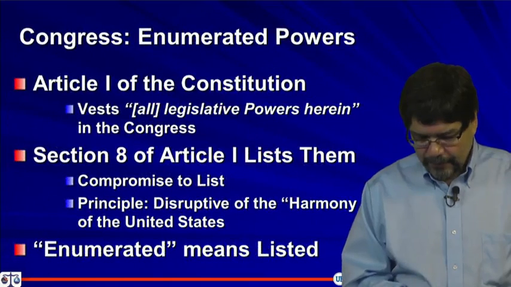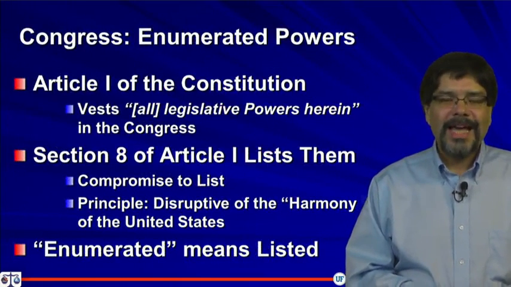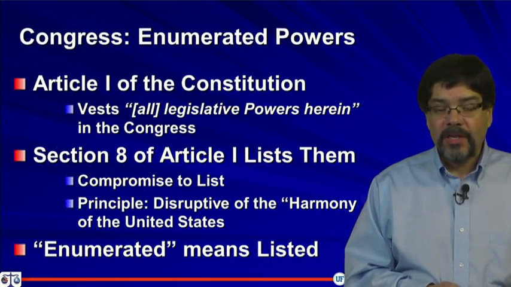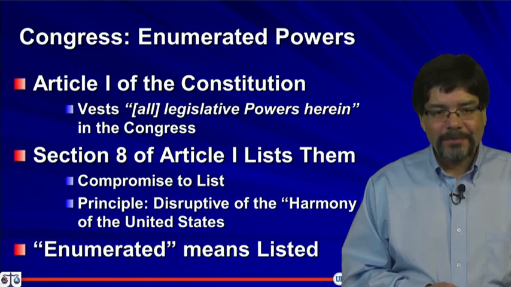Article 1 designates the legislative power to be held by a Congress. And this is, of course, the seat of the United States Congress, the United States Capitol in Washington, D.C. Congress has enumerated powers. It is so said in the Constitution.